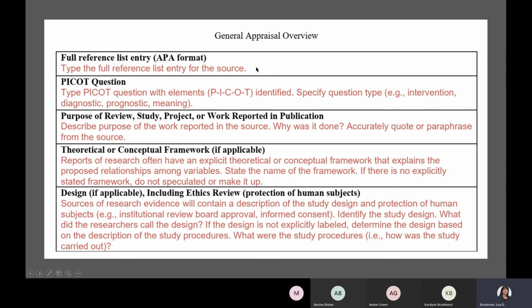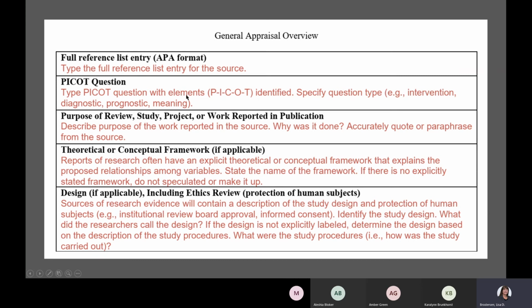So one of these forms per source. We want you to type the reference list entry accurately using APA format in this section, because that makes it easy to copy and paste it into a reference list and other places where you might need to do that.